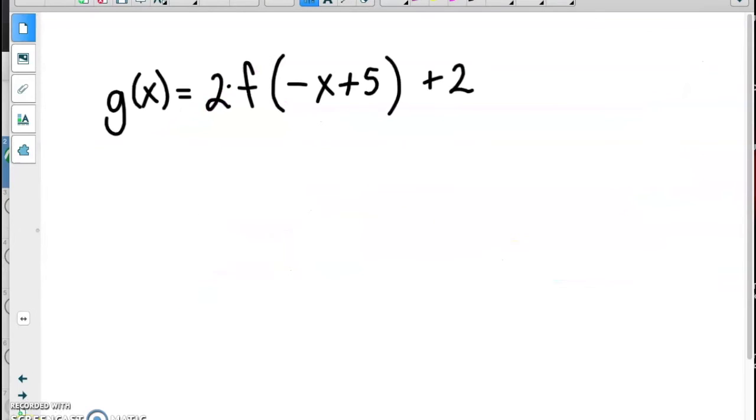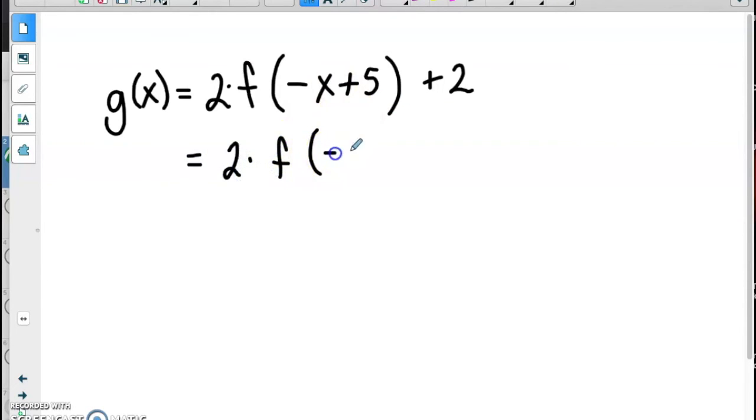So to summarize all of these transformations together, let's consider this example, that g of x equals 2 times f of negative x plus 5, plus 2. First of all, you may need to reorganize or rearrange some parameters just so that it looks more like the transformed version that we see in the Desmos file.